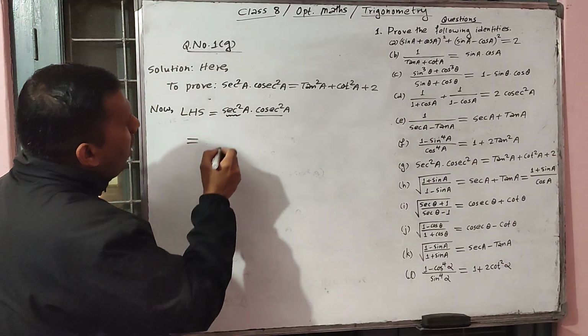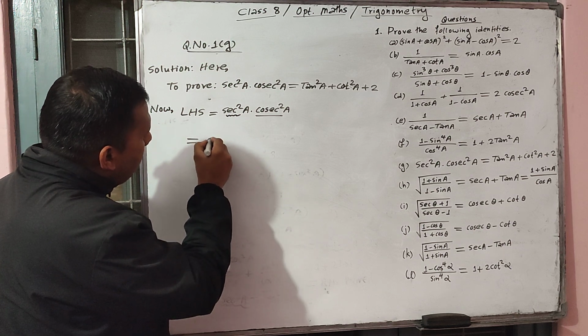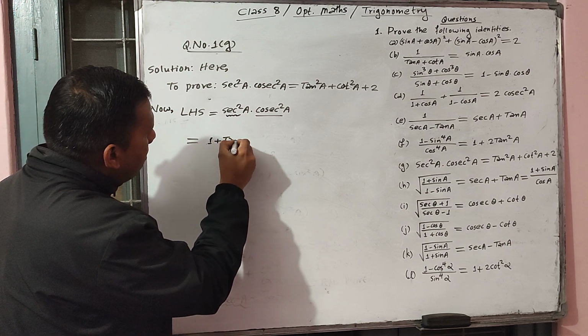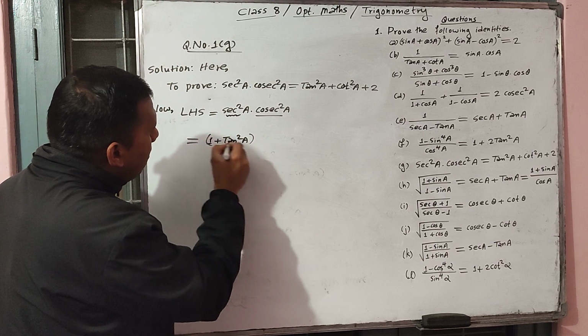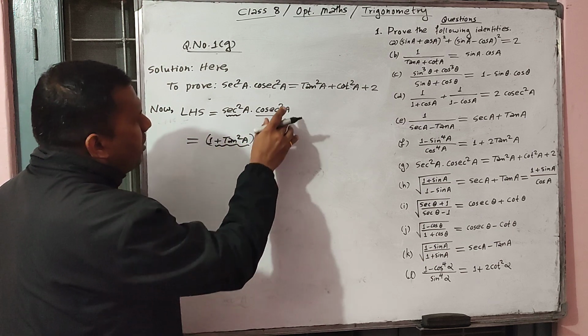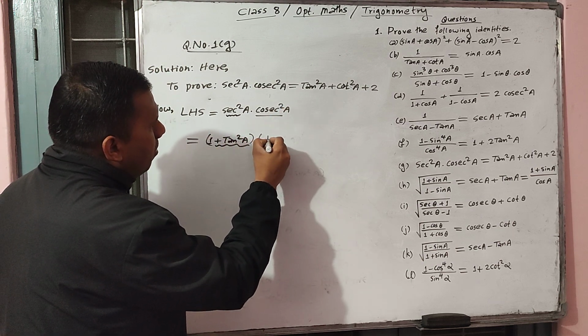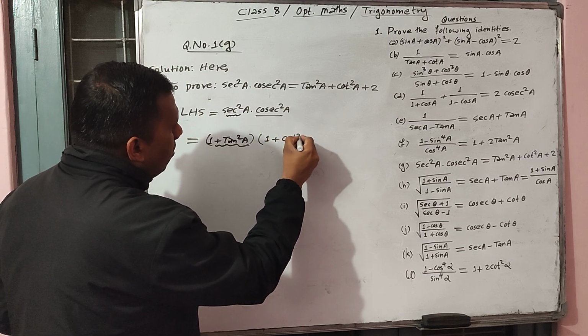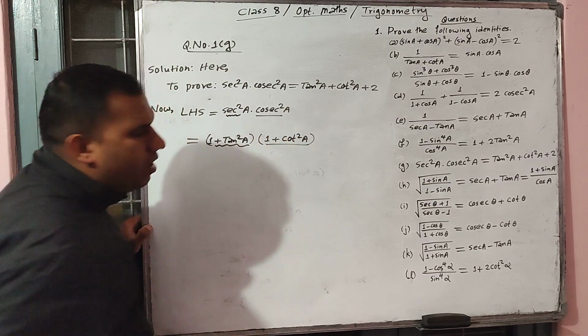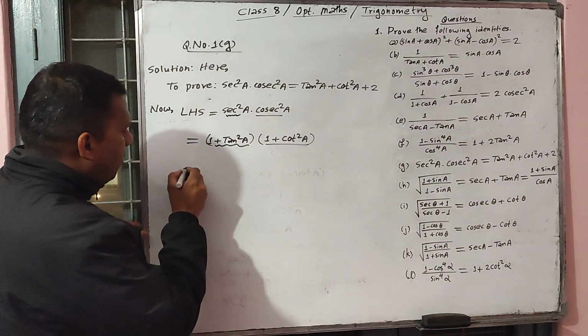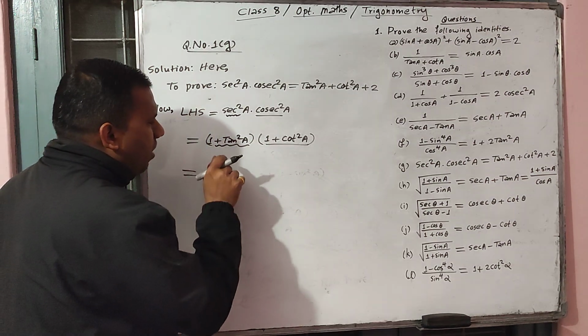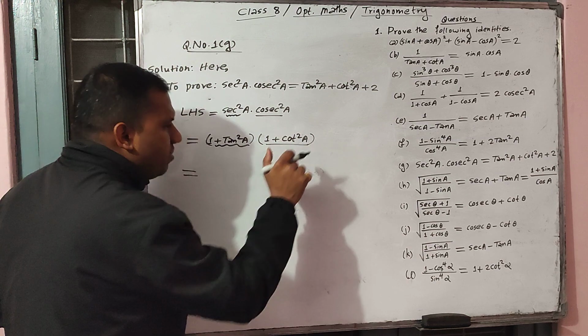So we know that sec square A is equal to 1 plus tan square A. Similarly, cosec square A is equal to 1 plus cot square A by using the identity relation. Now multiply these two terms with these two terms.